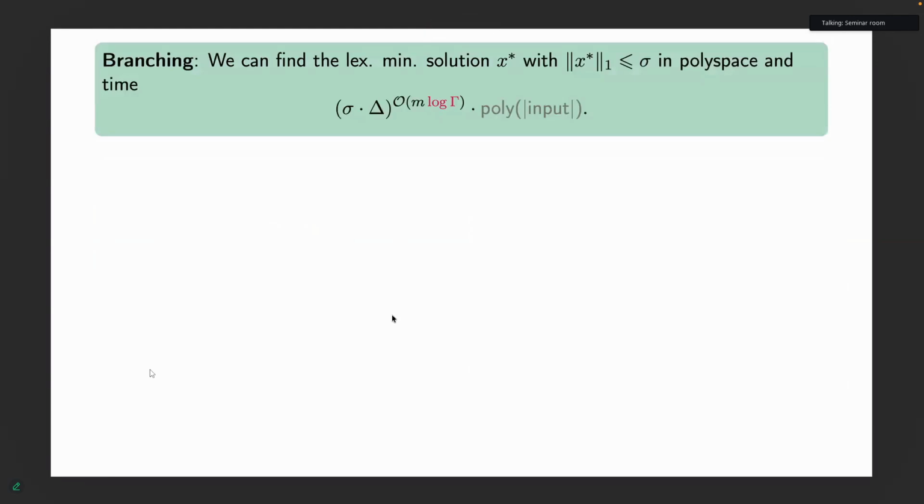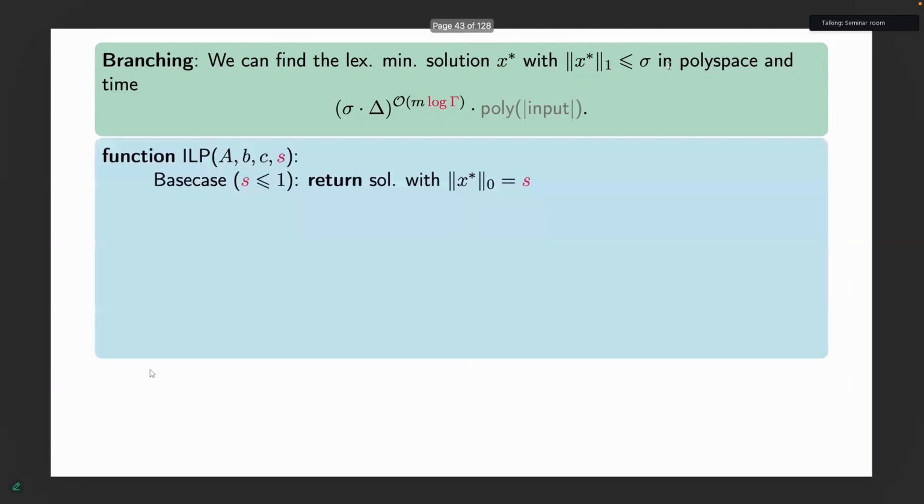Let me tell you it again. Actually what I will prove is something like this. I just changed the bound on the L1 norm X1 by sigma. I will tell you the same algorithm with pseudocode if you didn't get it. S is the bound on my support.